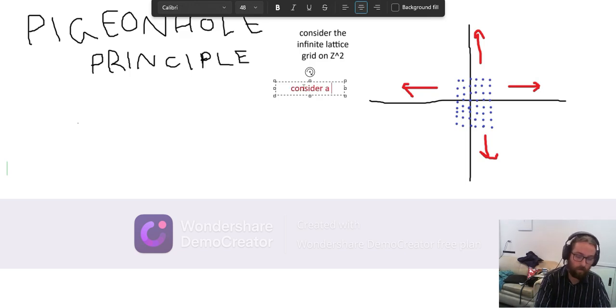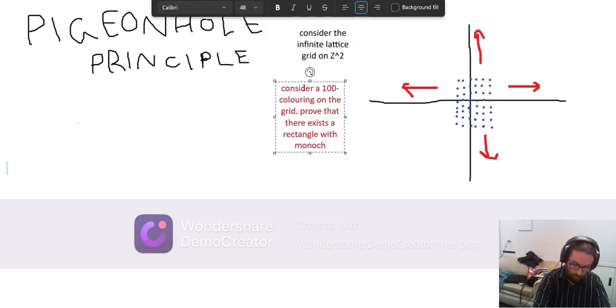consider a 100 coloring on the grid. Prove that there exists a rectangle with monochromatic corners.